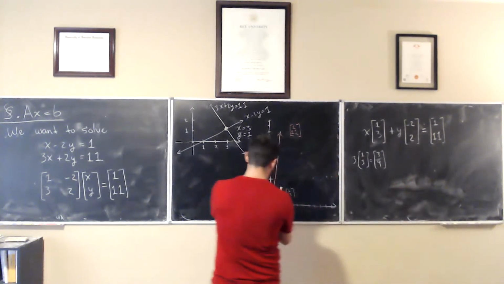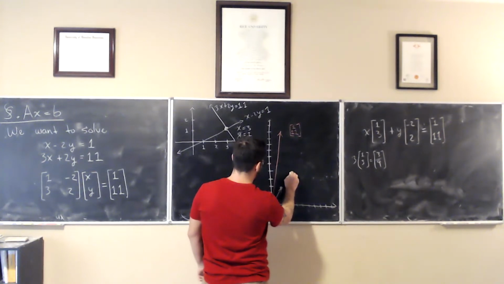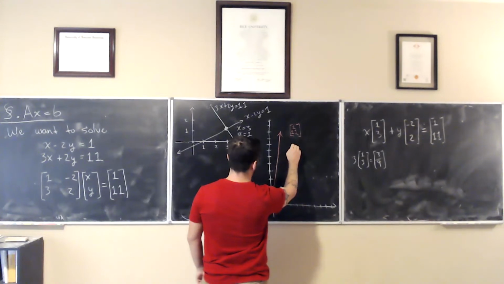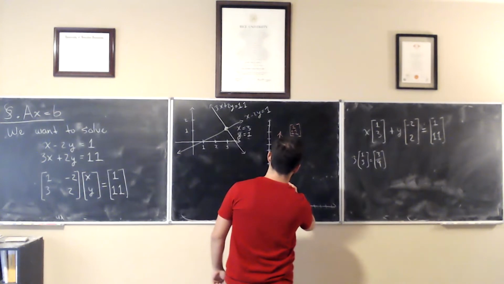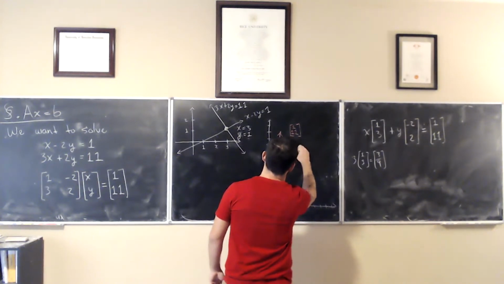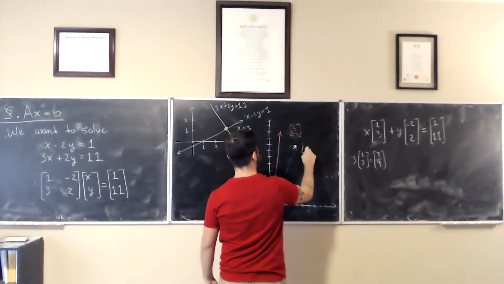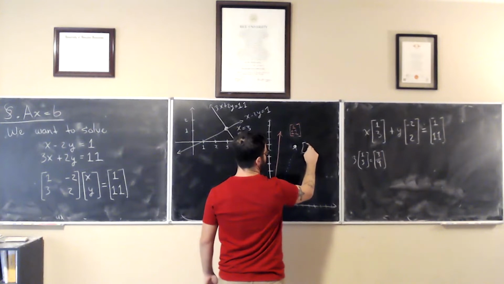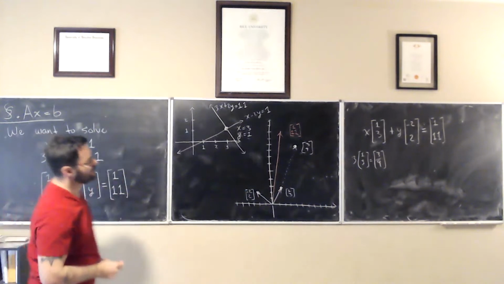So 1, 2, 3, and then 1, 2, 3, 4, 6, 7, 8, 9. It's like right there. So this is that vector 3, 9, right?